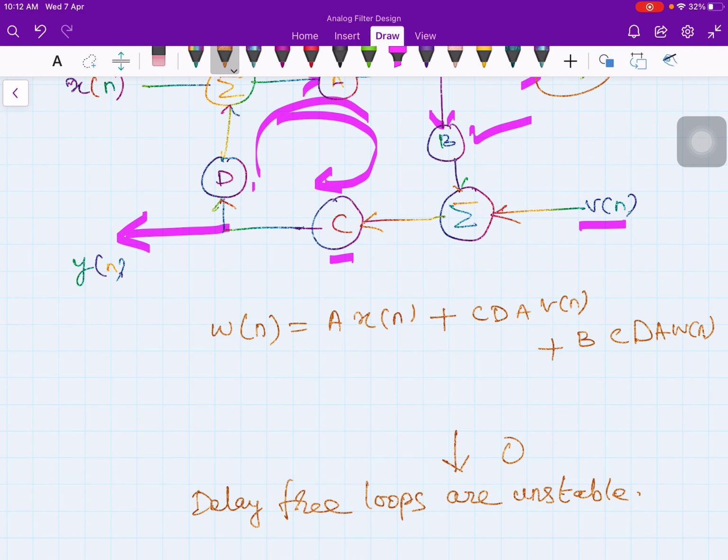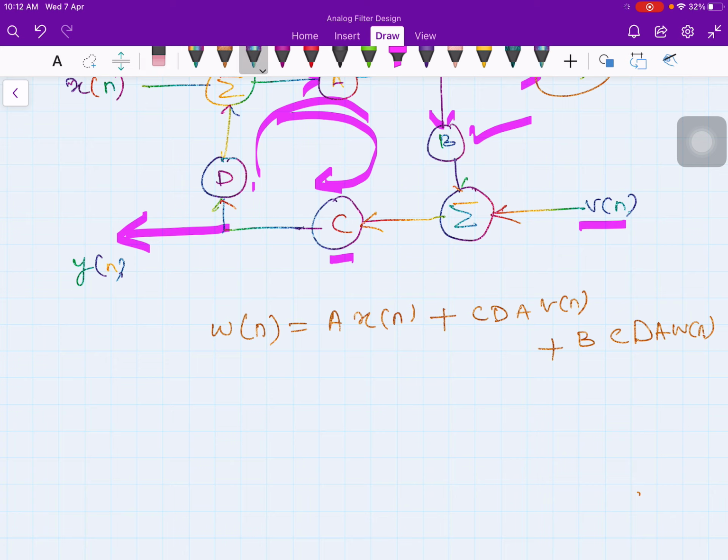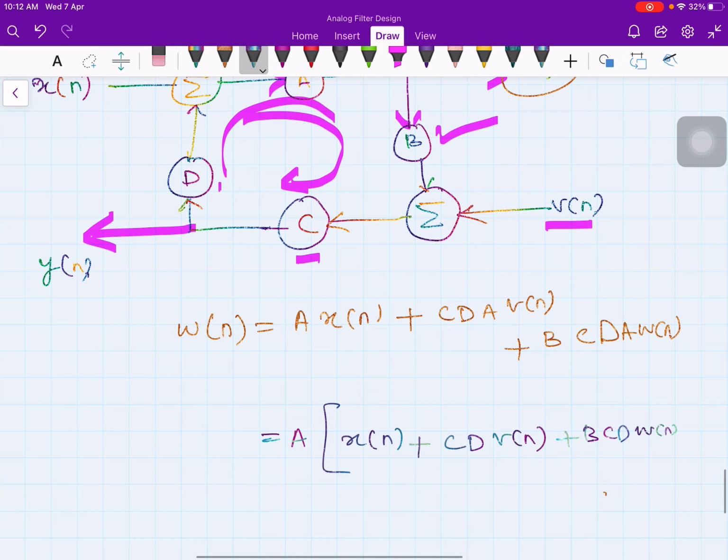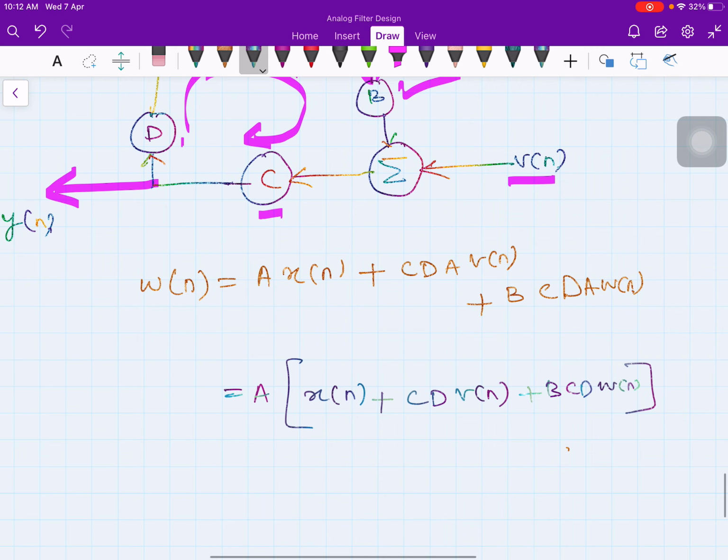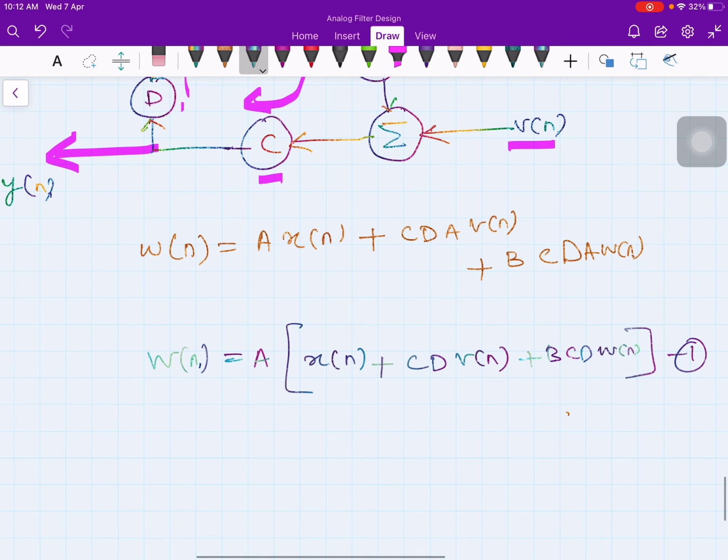So this is equal to A, you can take commonly outside, x of n plus C, D, V of n plus B, C, D, W of n. I can write like this. Let me call this equation number 1. This is W of n.